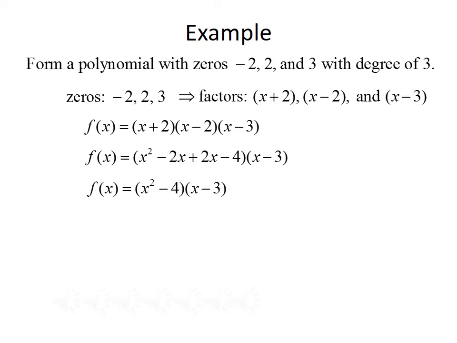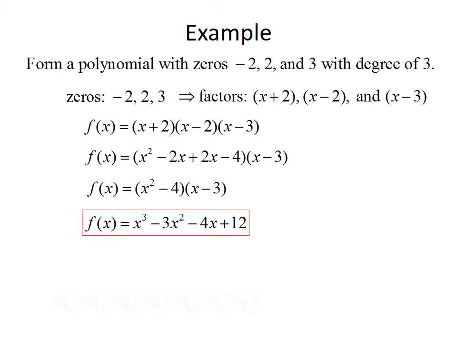And if we simplify that, that gives us x squared minus 4 times x minus 3. And so now the last thing we want to do is again use the FOIL method to multiply these two together. So if we FOIL this out, we'll get f of x equals x cubed minus 3x squared minus 4x plus 12.